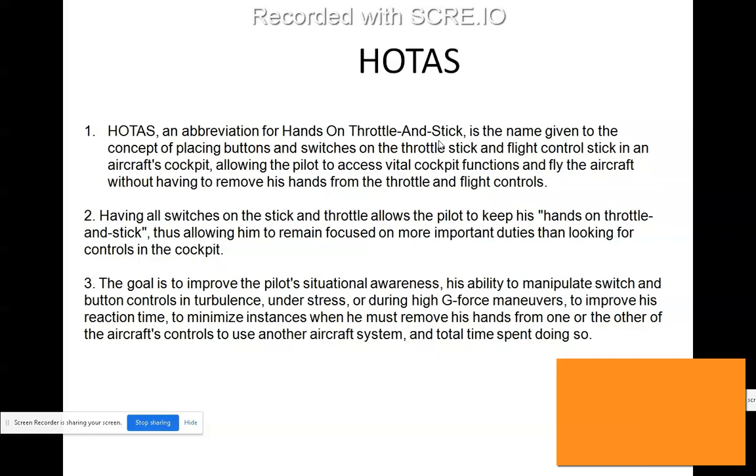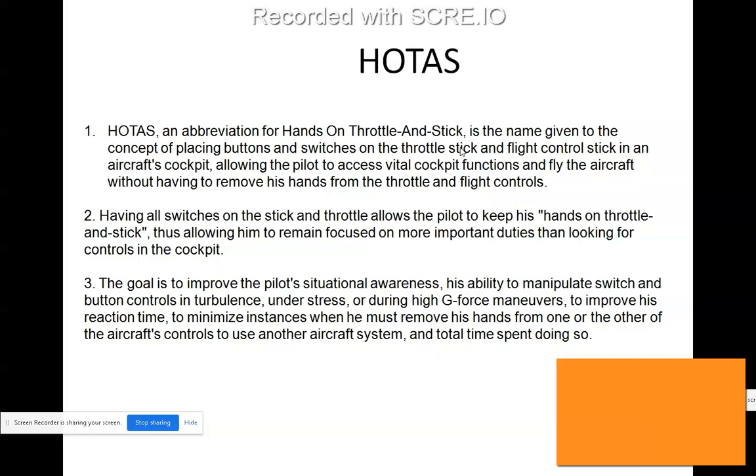Here the pilot places the hand on buttons and switches present in the throttle and stick to operate or control every subsystem present in the aircraft system.